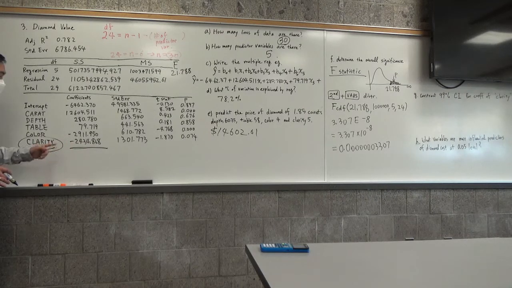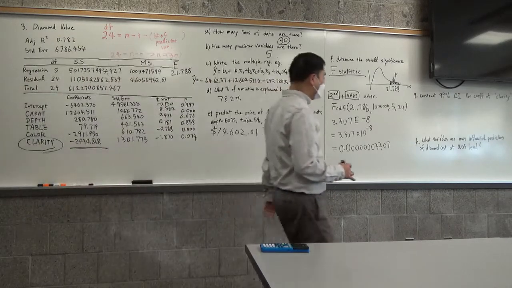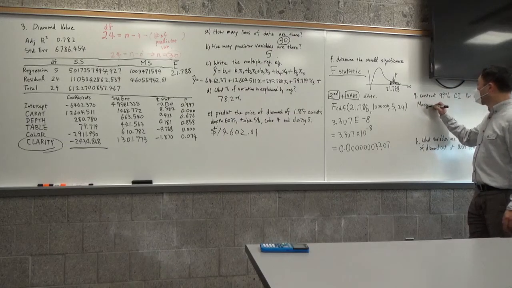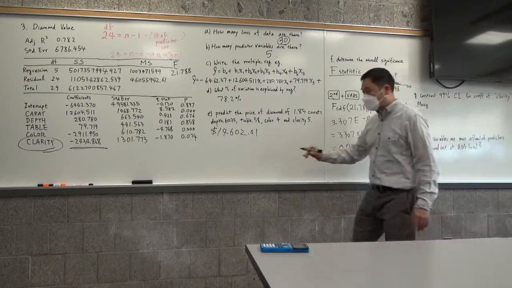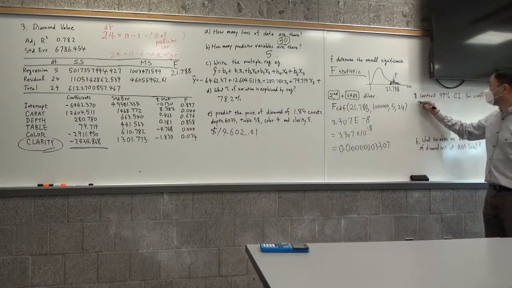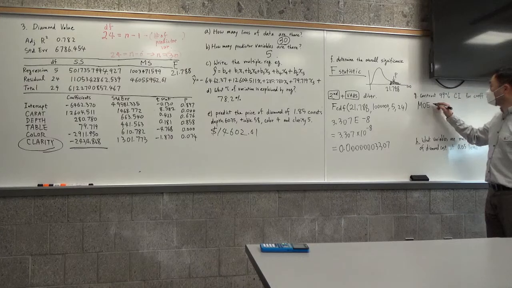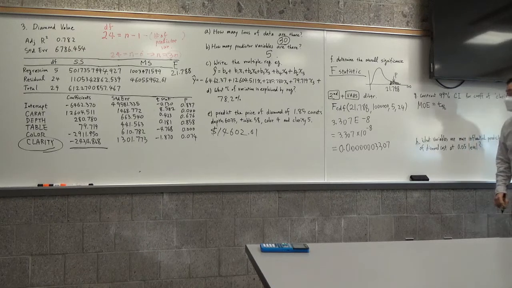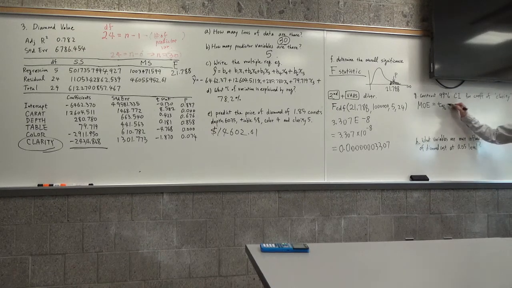All right, so the basic idea is to use the following: the margin of error, or just simply MOE, margin of error, is the critical T value, T critical value, times the standard error.